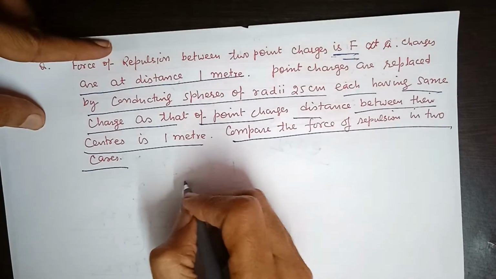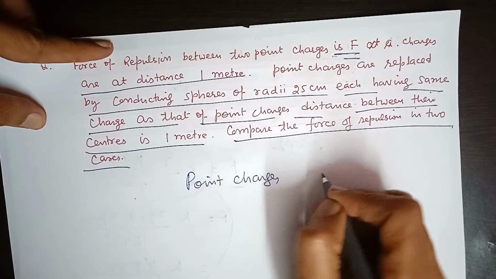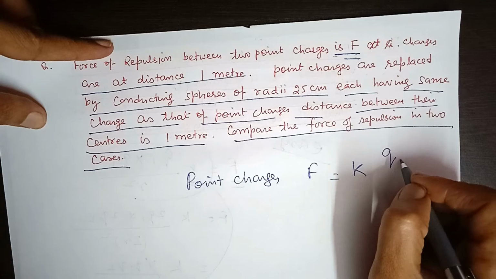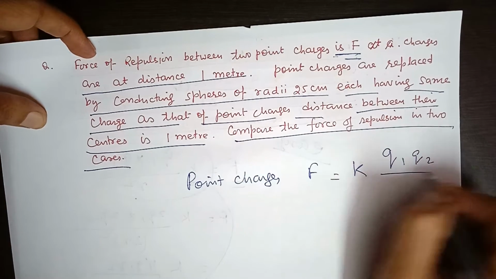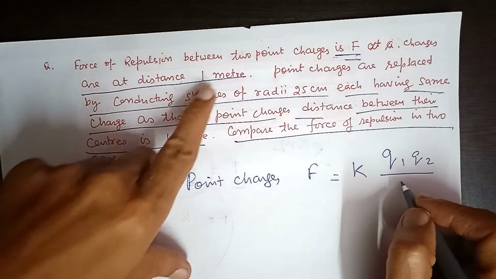See, when there are 2 point charges, then the force is F equal to K Q1 Q2 divided by 1 square.